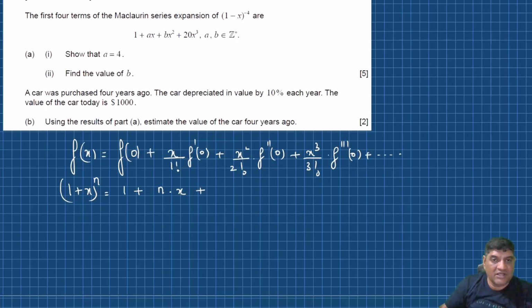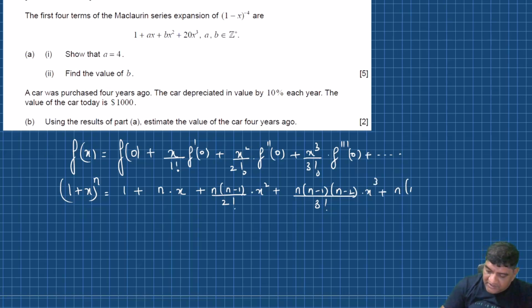And then we would have nC2, which is nothing but n into n minus 1 divided by 2 factorial into x squared, plus n into n minus 1 into n minus 2 divided by 3 factorial into x cubed, plus n into n minus 1 into n minus 2 into n minus 3 divided by 4 factorial into x to the power of 4. And that's the expansion, and this continues till the nth term, or the n plus 1th term in the binomial expansion.